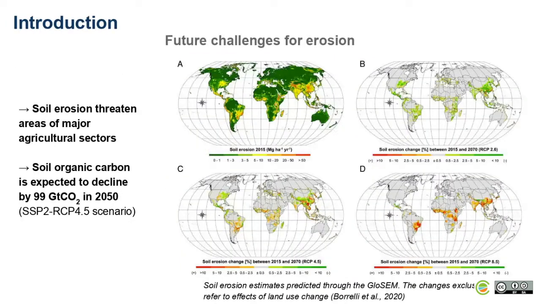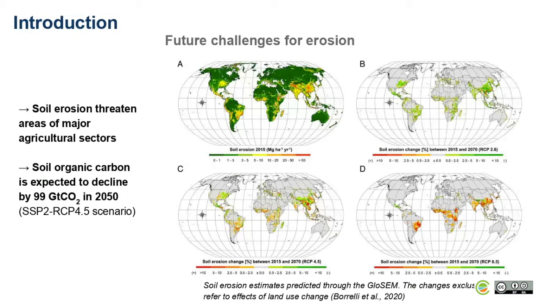Here are some challenges for erosion in the future. With the change in climate and in land use, we are expecting a decline of soil organic carbon by about 99 gigatons in 2050.